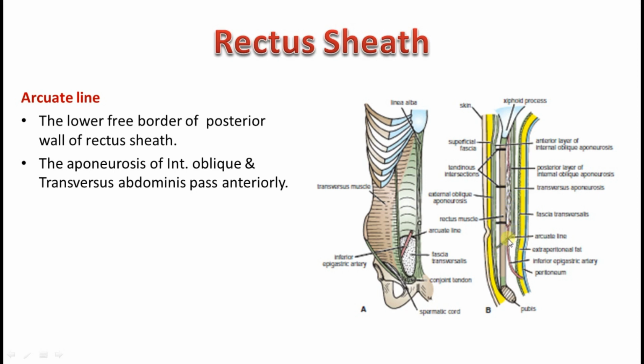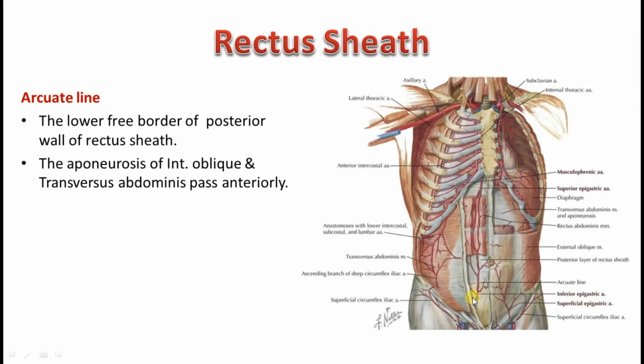It crosses anteriorly and takes part in the formation of the anterior wall of the rectus sheath. So the anterior wall is most thick here.